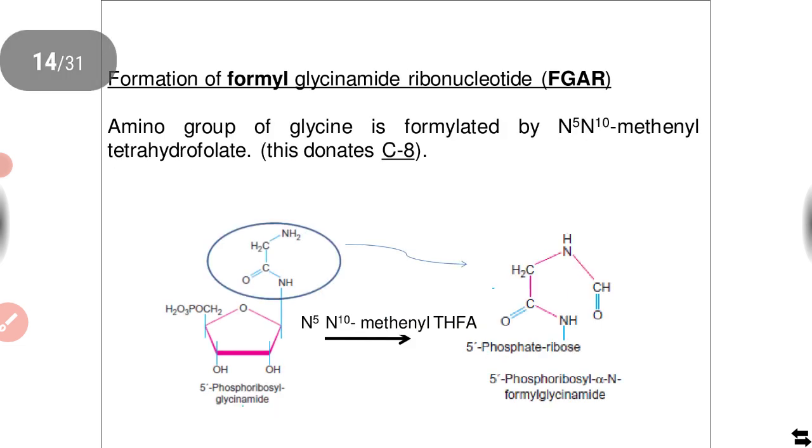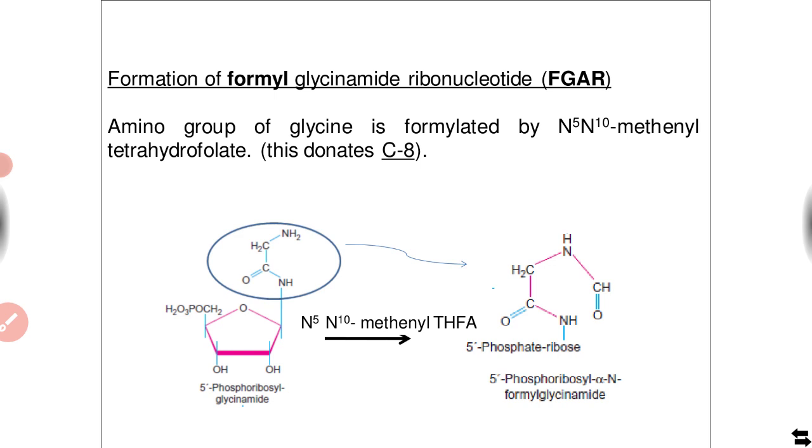What is the next step? So after the addition of N7, what is added is C8. This is donated by the one carbon group N5,N10 methenyl tetrahydrofolic acid.